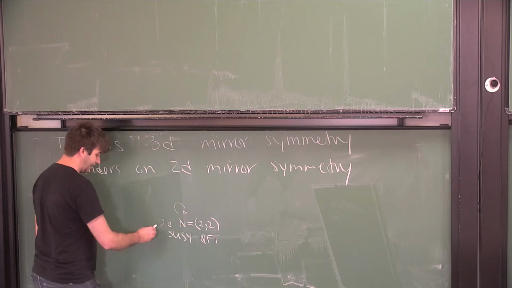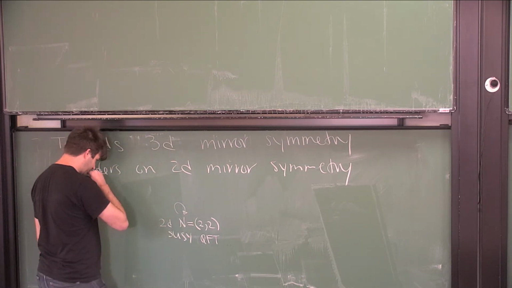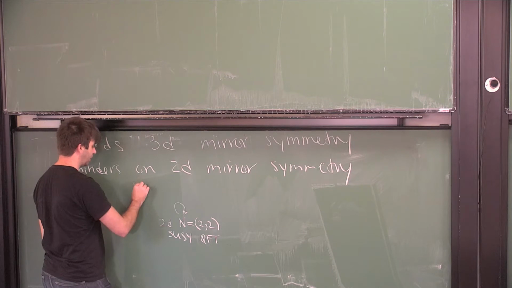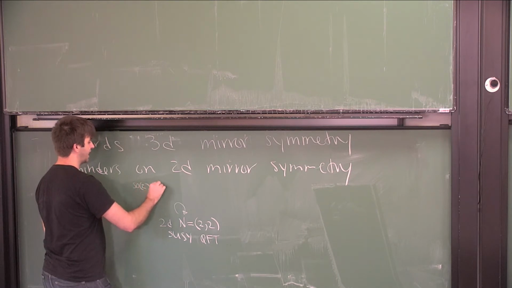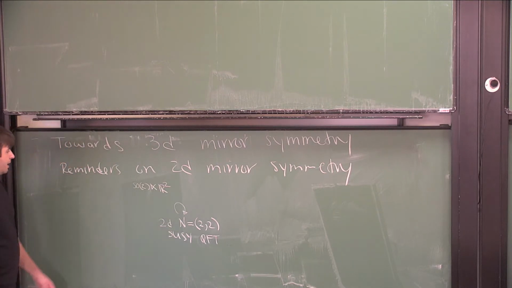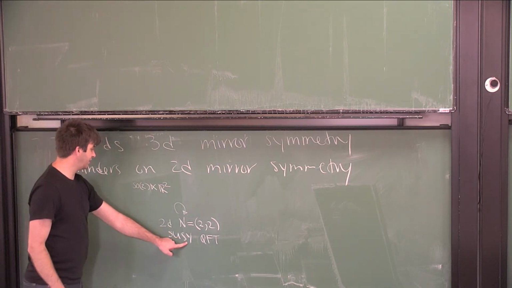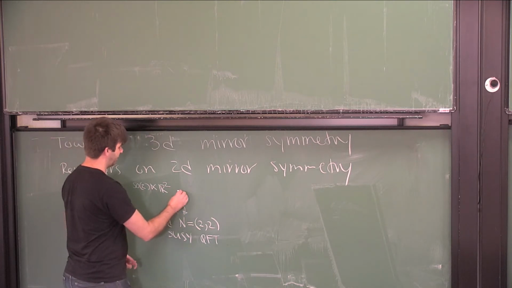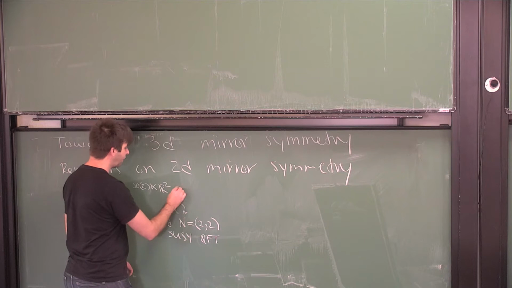So the way in which this works is any field theory like this has an action first of the Poincare Lie algebra. So that's just SO(2) semi-direct product R^2. But then since it's a supersymmetric field theory, it's actually going to have an action of an extension of this Lie algebra.